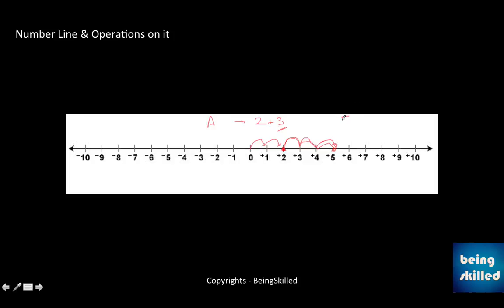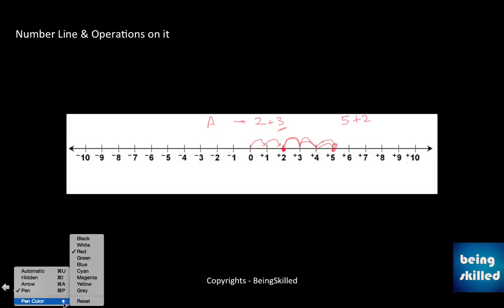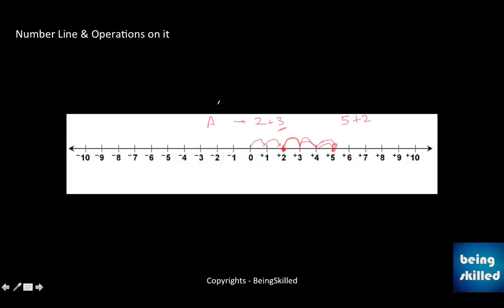Now let's add 5 plus 2. How will it look? 1, 2, 3, 4, and 5.